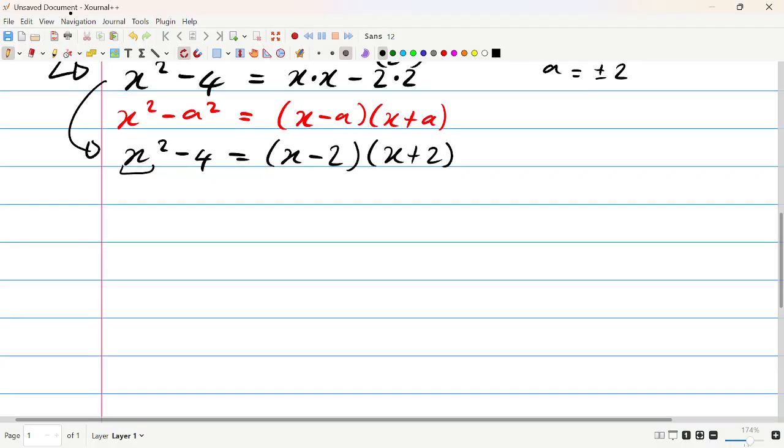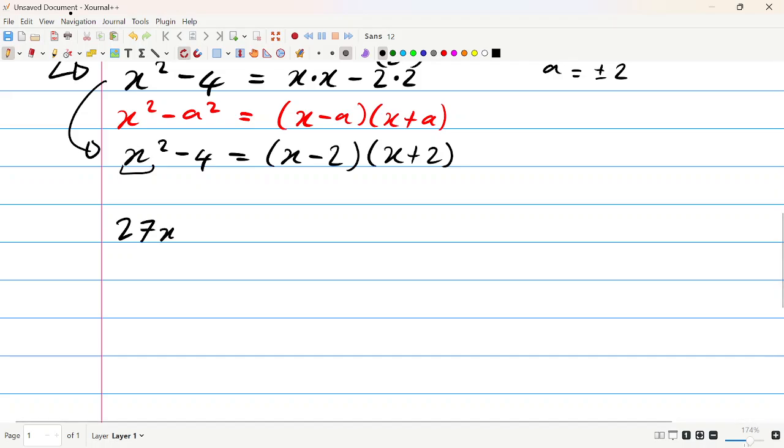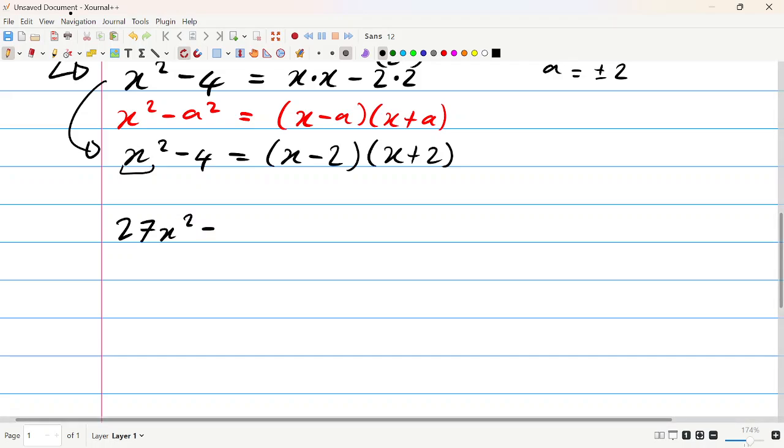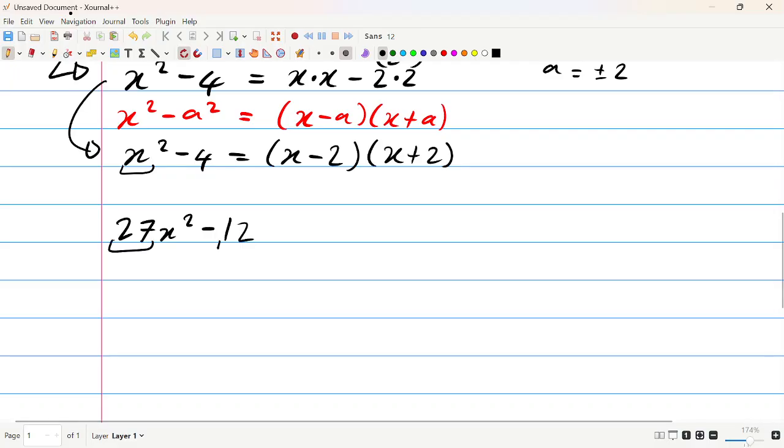So if I were to give you an example, such as, let's say, 27x to the power of 2 minus 12. Now you're probably going to be questioning, why on earth do we have 27 and why do I have 12?